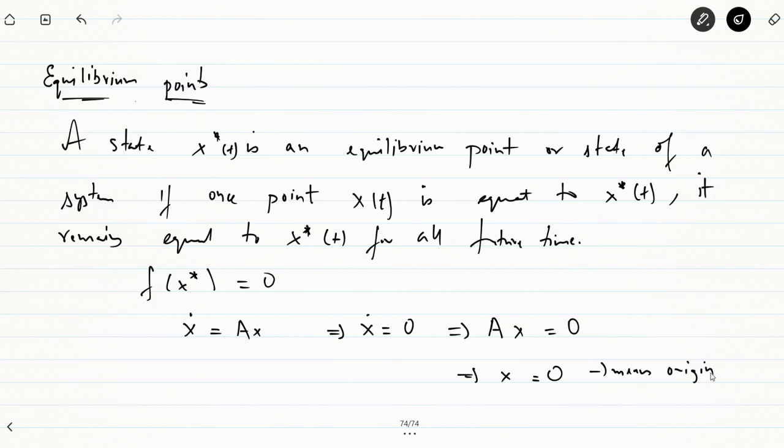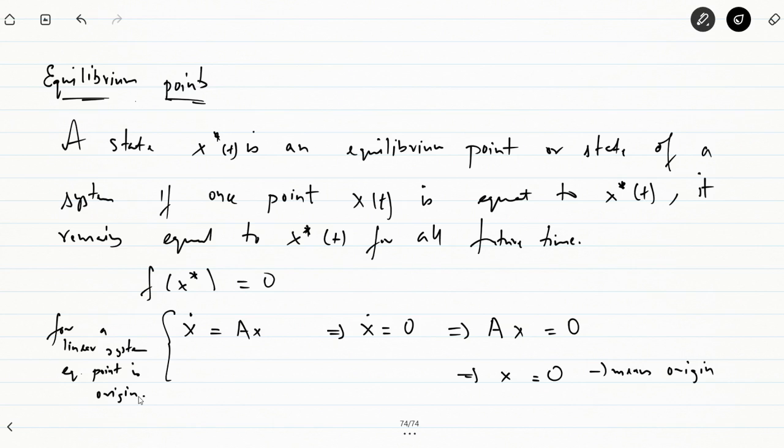That means x1 is 0, x2 is 0, x3 is 0, xn is 0. So for an n dimensional state space, all the states of the system are 0. That basically refers to an equilibrium point for a linear system. For a linear system, the equilibrium point is basically the origin.